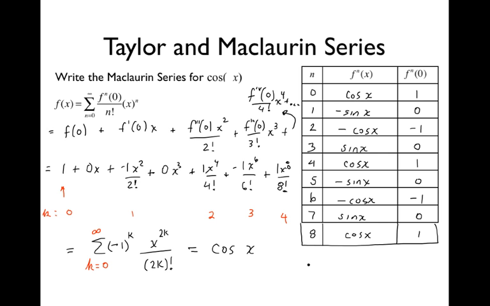How do we find the interval of convergence? I want to know for what values of x this polynomial is a valid representation of cosine of x. It may only work in some interval, or it may be all real numbers. How do we find out? Ratio test, right?